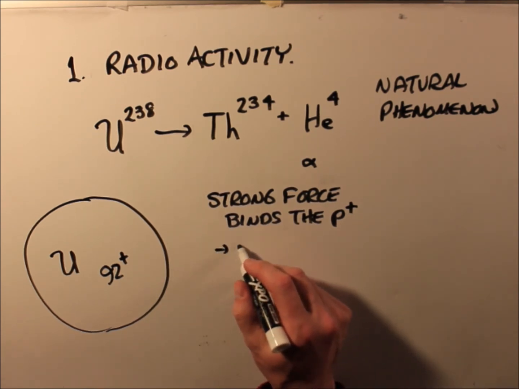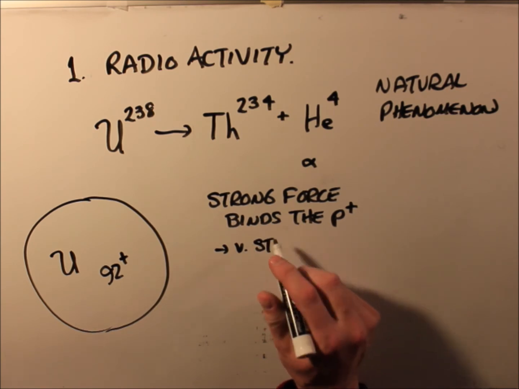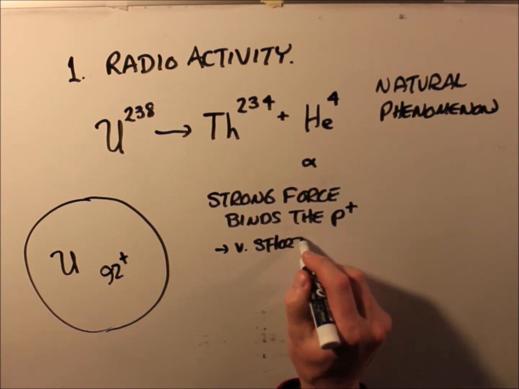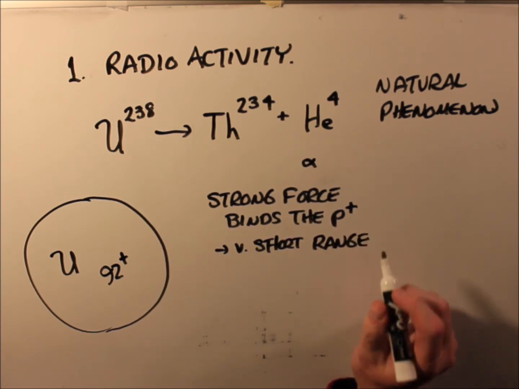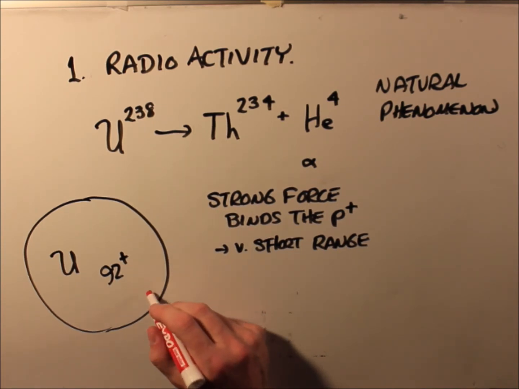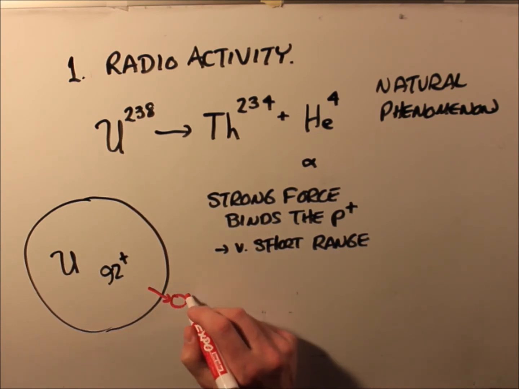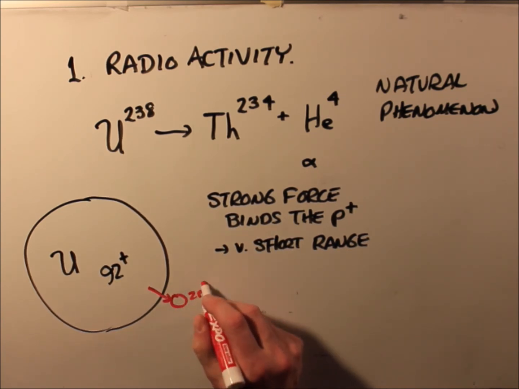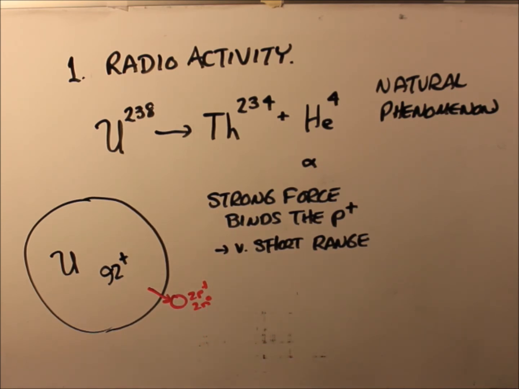But it is a very short range. So by probability, if you're patient, you will get a situation where we end up with a small group of 2 protons and 2 neutrons that find themselves outside the nucleus.